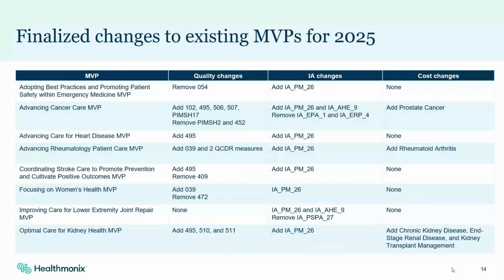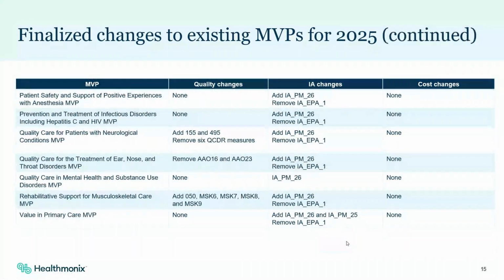There's a number of IA changes, measures that were added across the board for each of the MVPs that are available, as well as a couple added cost changes. I'm not going to dig into these, but they are there for your viewing pleasure. And then here is the second part of that, where most of the changes, to be honest, are in the IA categories. So just keep a good eye out on what IAs are available for you.